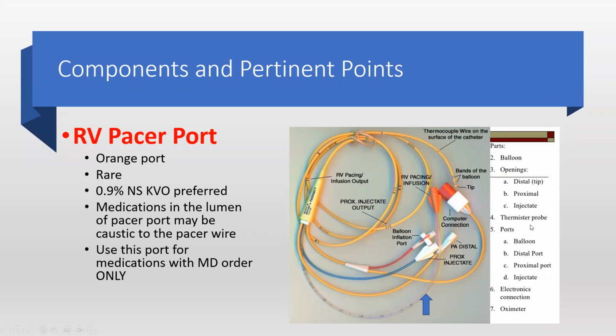Now, this port is okay to give medications through. However, it usually is avoided because some medications might be caustic, or might erode the pacer wire. And so when we use this port for medications, it's only with the consent or the order of the physician.